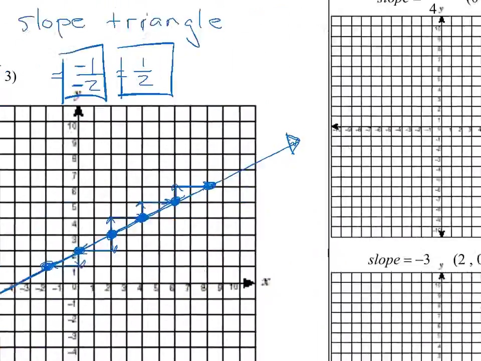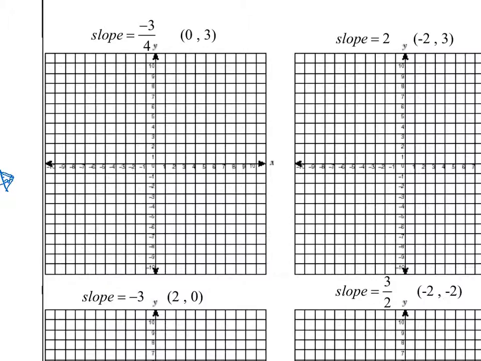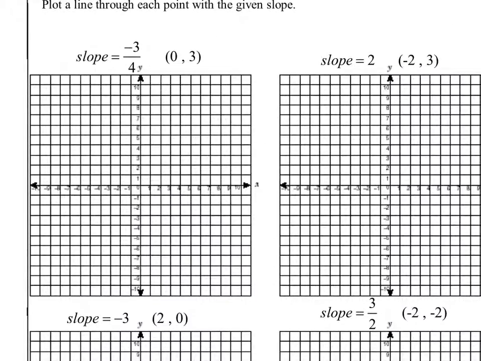All right. Let's flip over and look at a couple more examples. For this one, I have the slope -3/4 and the point (0, 3). So that point, that's our location. That's Jadea's house. Jadea's house is here. I know where you live now. And the slope, those are our directions.